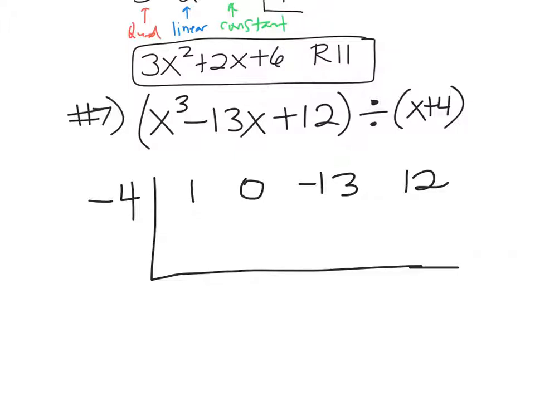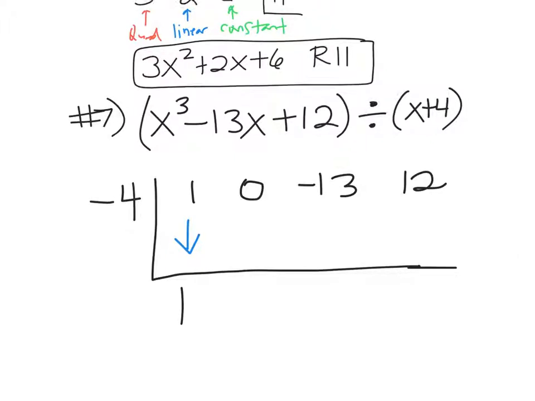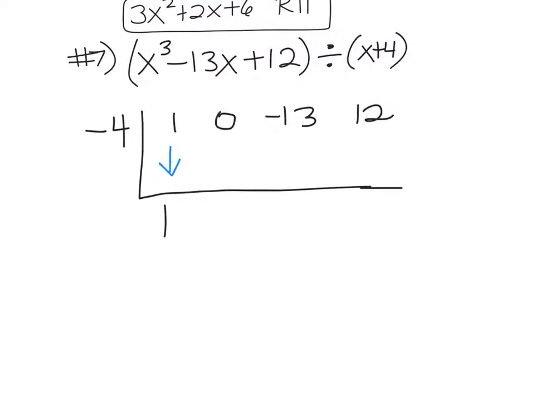So here we go. First step, drop that 1 down. That's where you're going to start. You ready? We're going to take 1 times negative 4 is negative 4. We're going to add our columns. 0 plus negative 4 is negative 4. Do it again.